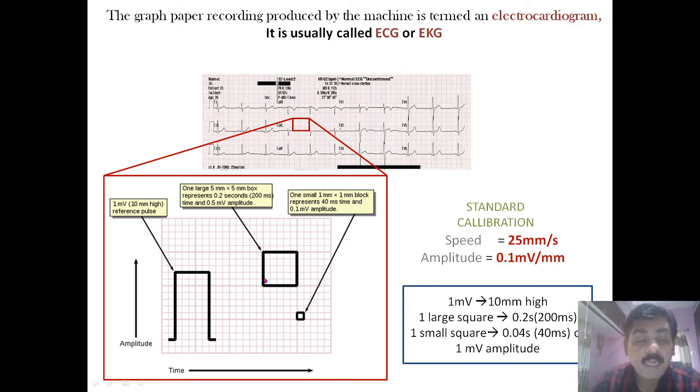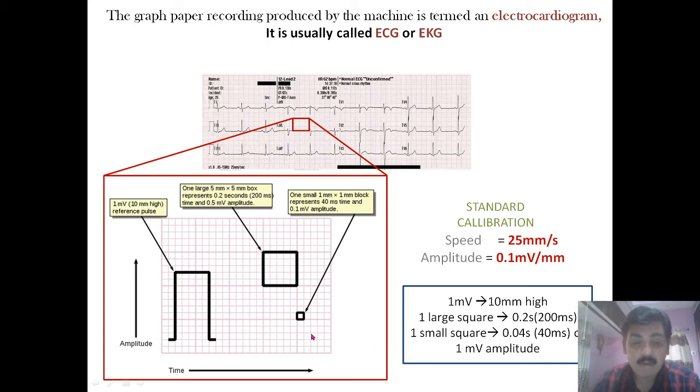Means within such boxes, 4 boxes will be there to complete the complete beat, that is 0.8 seconds. One large square is equal to 0.2 second, and one small square indicates 0.04 seconds.